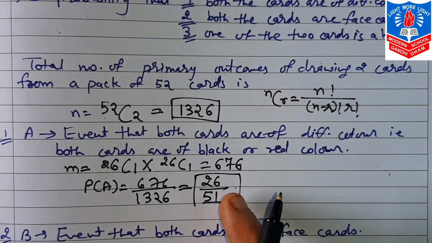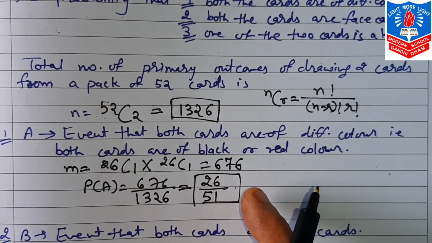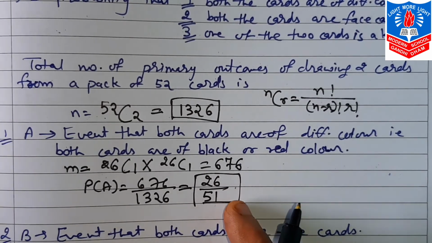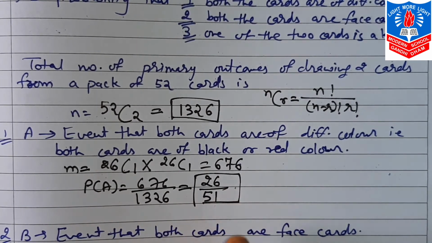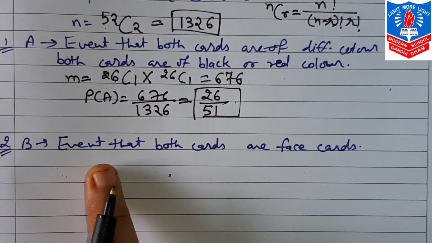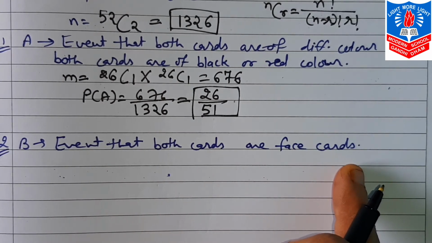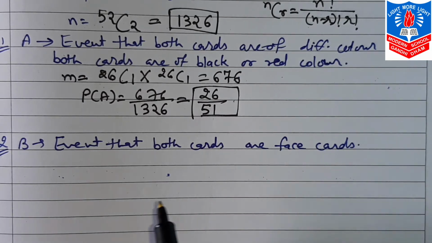If you want, you can find it in decimal, but what I will suggest is that you go for the simplest form only. Next, B is what? That both cards are face cards. Do you remember how many face cards there are? That is 12.